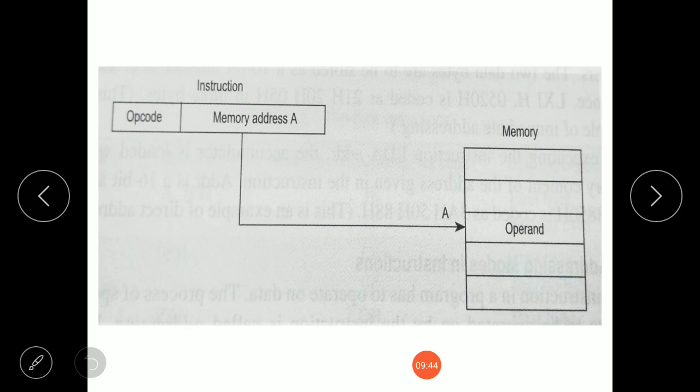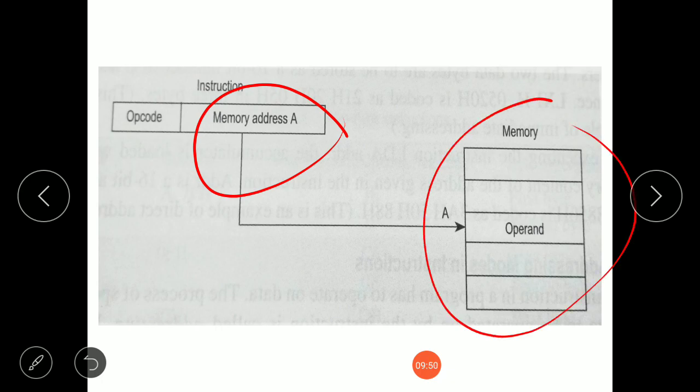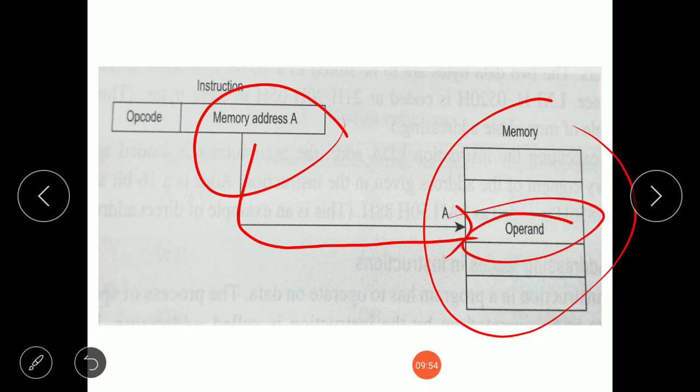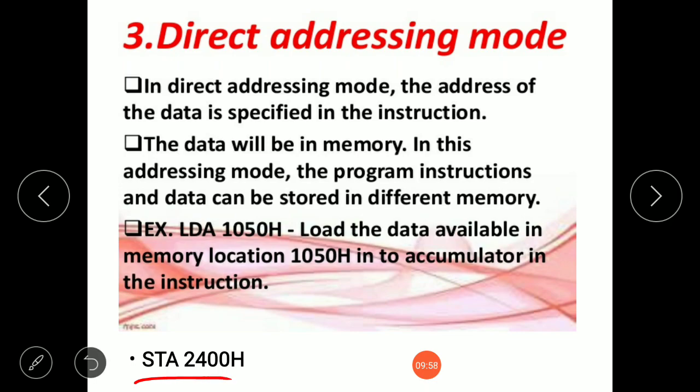And what is the operand here? The operand is the content of the memory location. This is the memory location where the operand is located. So opcode and the memory address, and the operand is the content of the memory location.